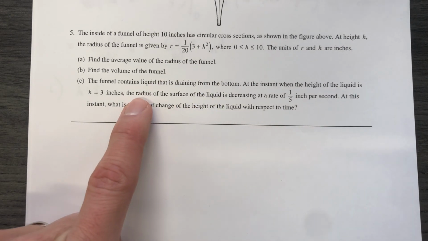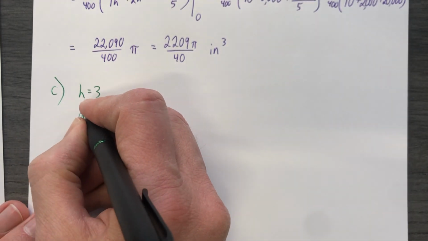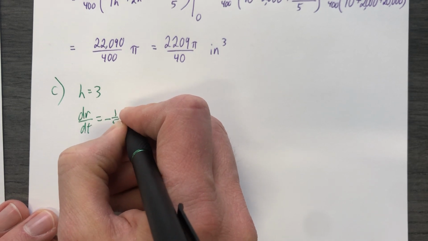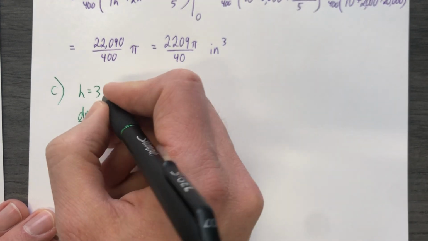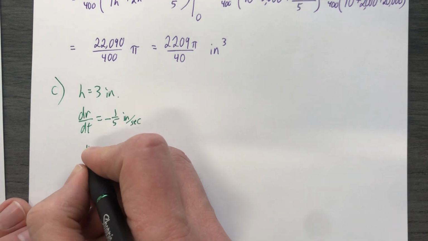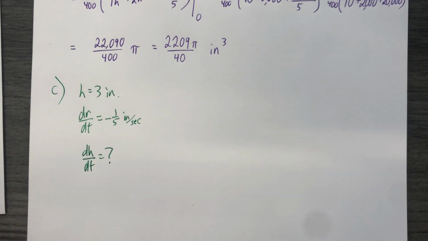Yeah, it is, but the radius is decreasing at a rate. They gave us dr dt, and that is decreasing at 1/5 inch per second. I'm going to put the units over here. This is inches. And at this instant, what is the rate of change of the height of the liquid with respect to time? So we're going to find out what dh dt is.